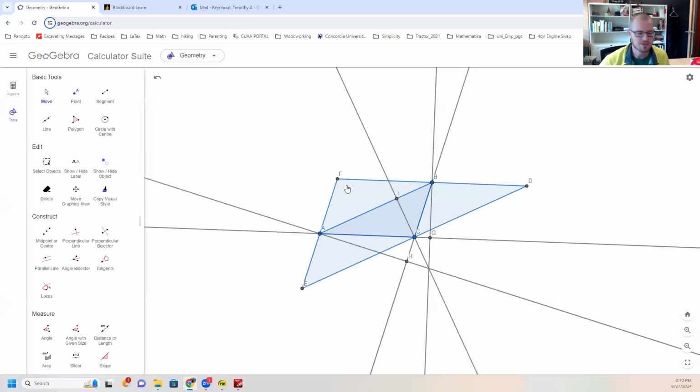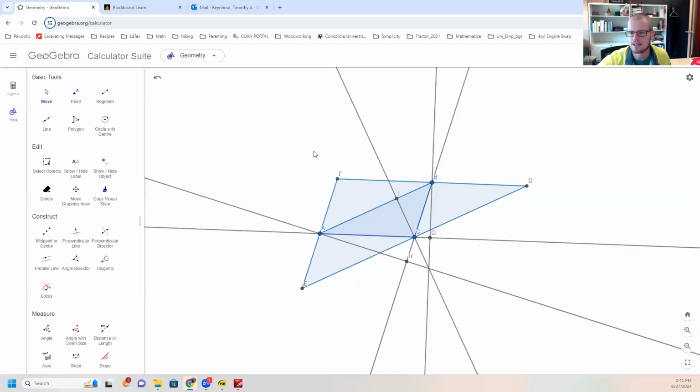We'll start with FB is the same as BD, and then try to avoid repeats.